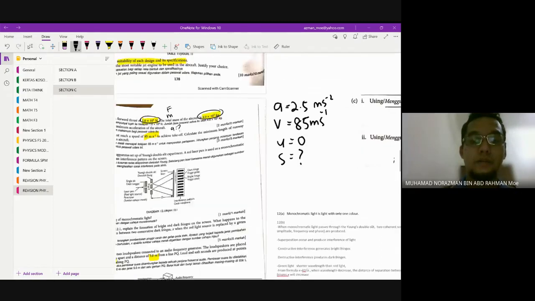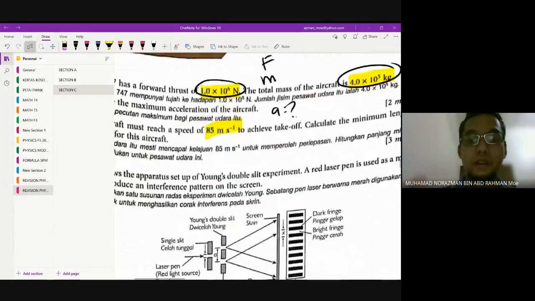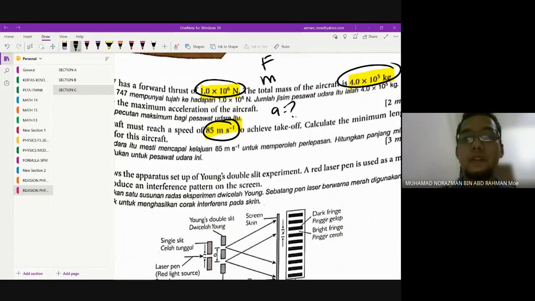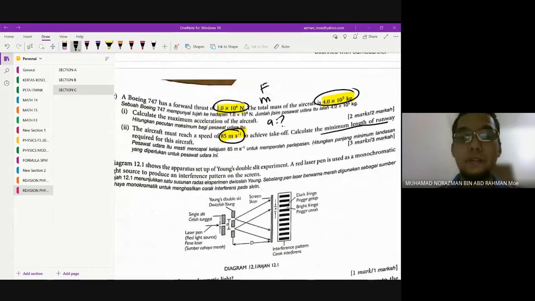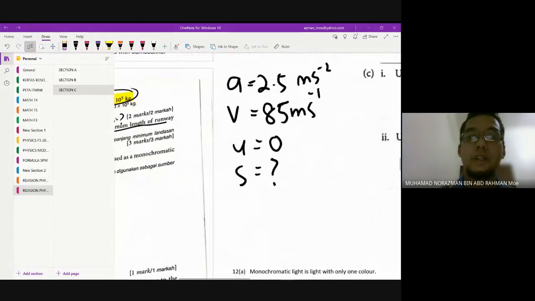Next question. The aircraft must reach a speed of 80 meter per second to achieve takeoff. Calculate the minimum length of runway required. So minimum length, distance. Take a look at your module.